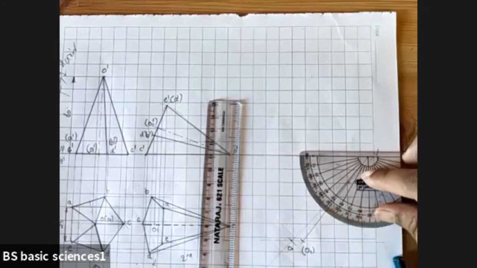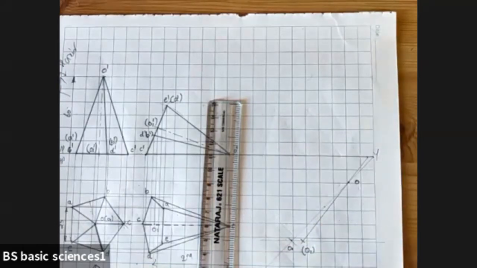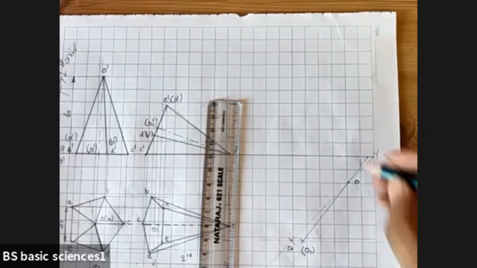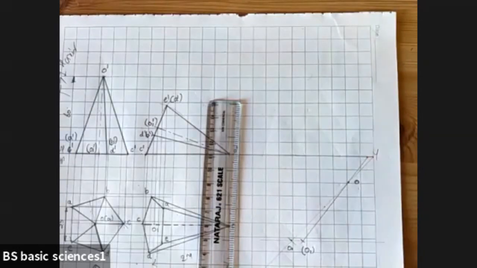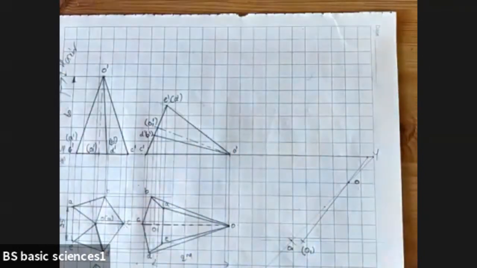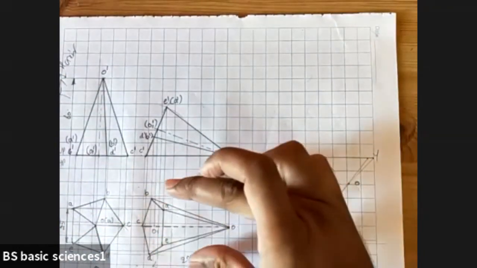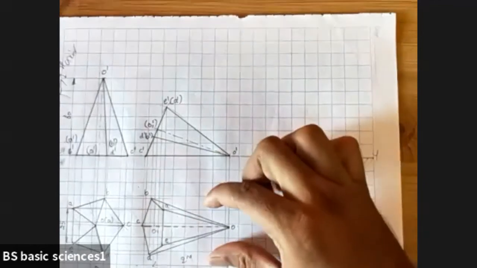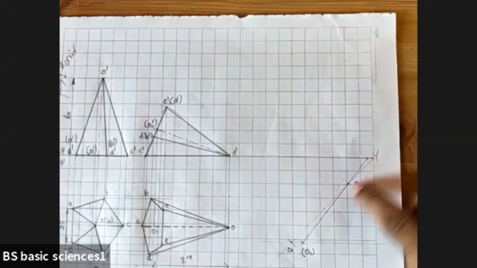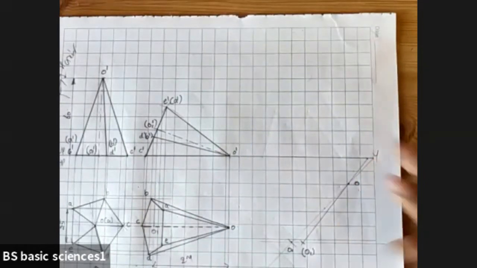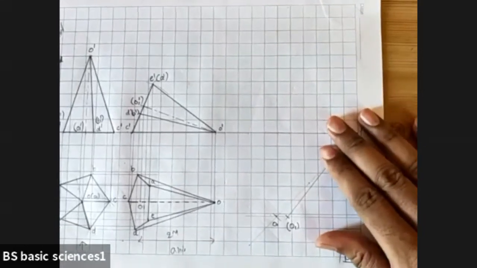You'll be getting an angle of 52 degrees. Therefore, the beta angle will be equal to 52 degrees. Now, it's very simple. We are supposed to rotate this top view of the second condition by 52 degrees, that is the beta angle.